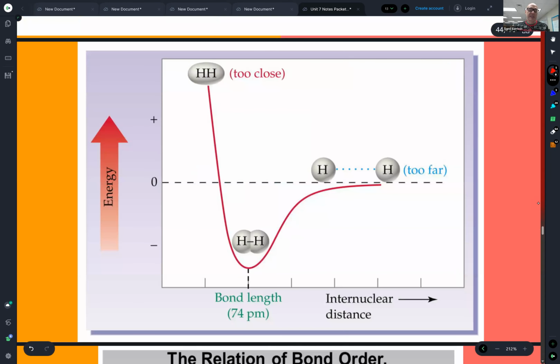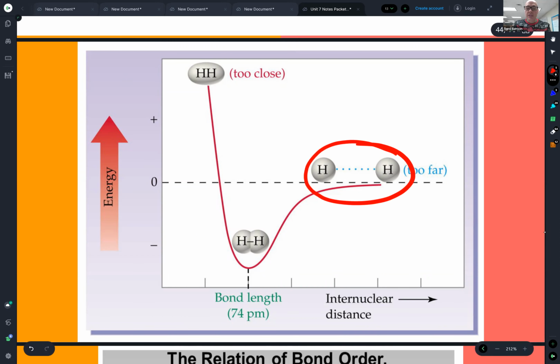Now, this stability can be mapped on a chart that you might see at some point. I want you to be familiar with it. It's inversely related to what you would think, however, though. So as we see in this, the amount of energy is close to neutral because they're too far away.